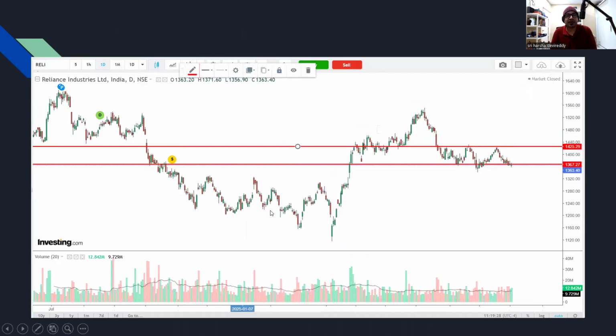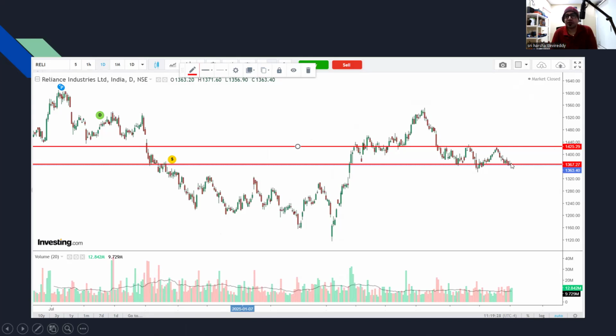So when a share moves like this between 2 points, I have drawn two lines to show you. Okay, so here what happened? It started here, it rose here, and then it fell. So for example, don't take it as a buying or selling recommendation. I'm just showing you a strategy. You can draw the lines here, you can draw the lines here, wherever you want, but I'm showing you.